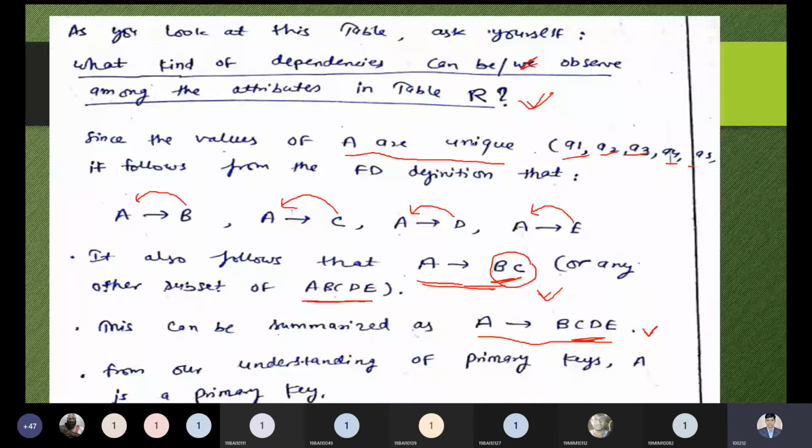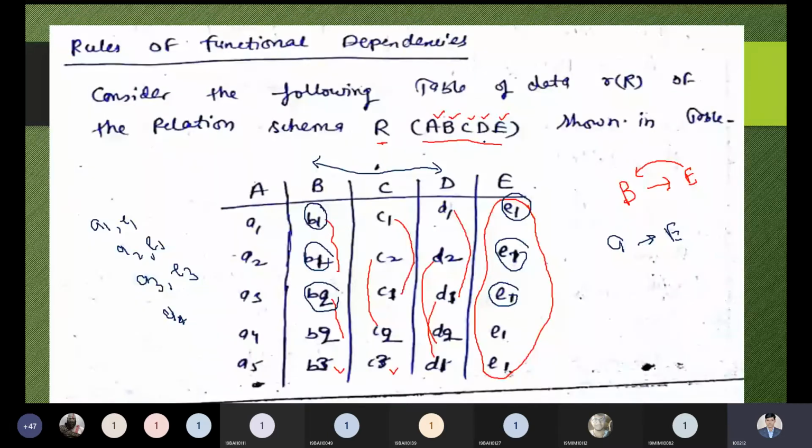This relation has 5 different attributes. From all these 5 different attributes, we need to check what kind of functional dependency we can preserve. So for preserving the actual functional dependency, or the number of functional dependencies, we need to check each and every attribute along with its neighbor attribute.